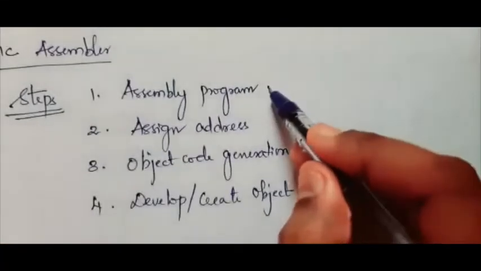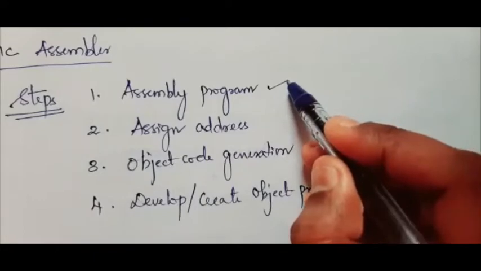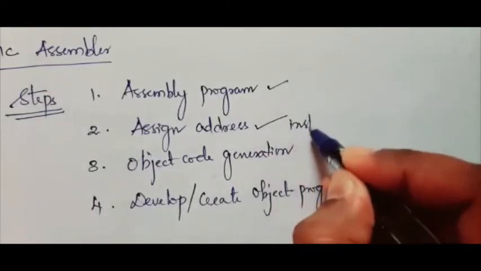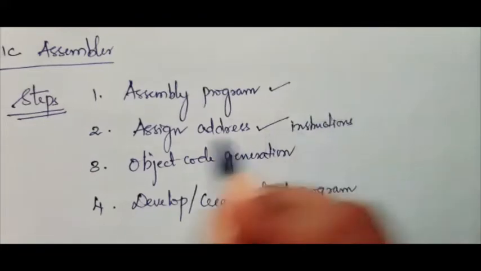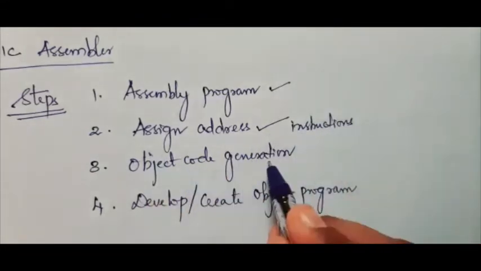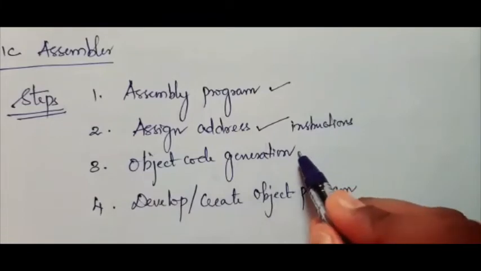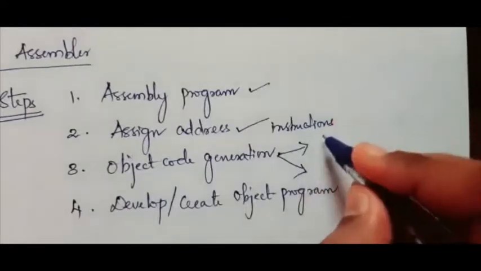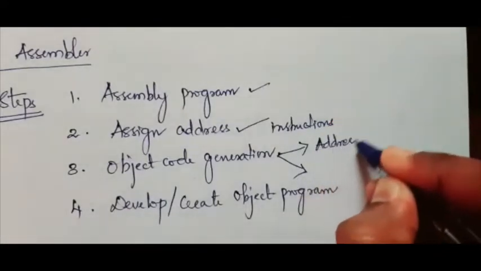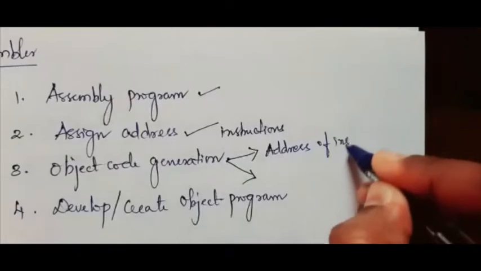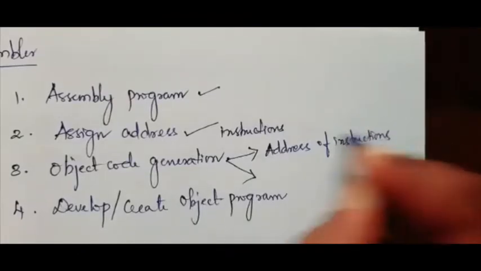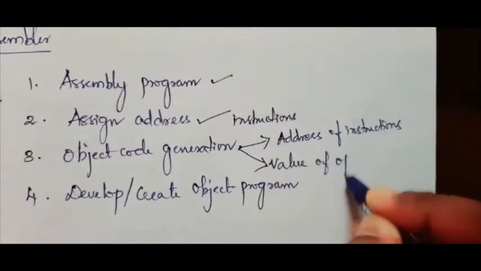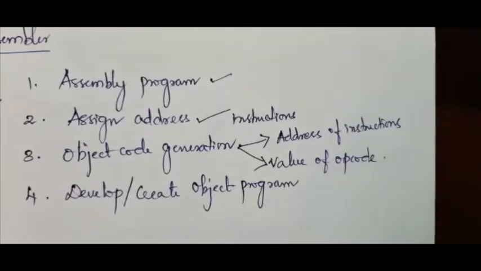Okay. Number one, we need an assembly program. Number two, we have to assign address to each instruction. Number three, generate an object code. For object code generation, we need two things. One is the address of the instruction, and the second one is the value of the opcode.